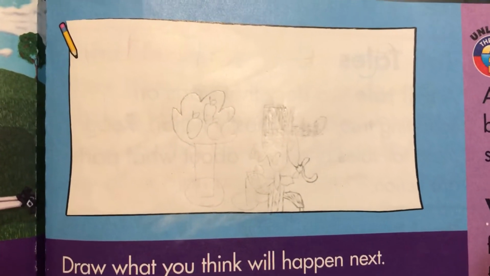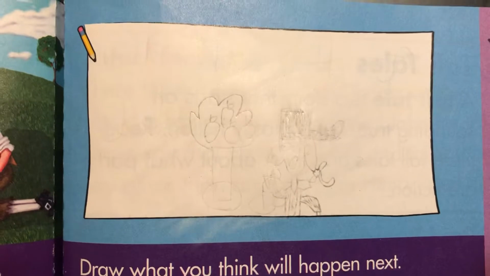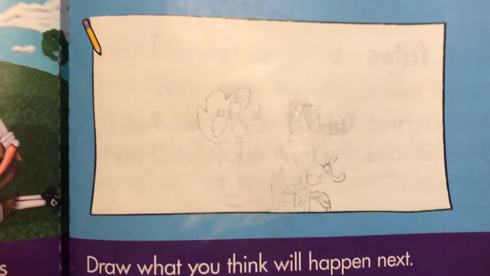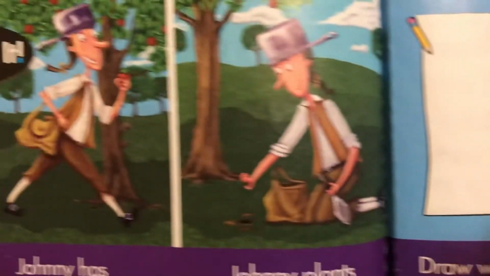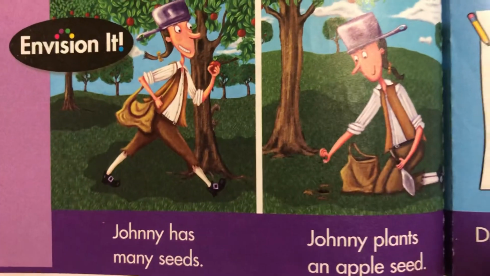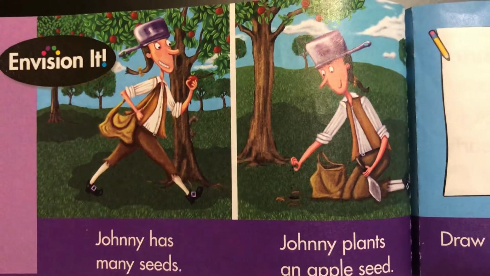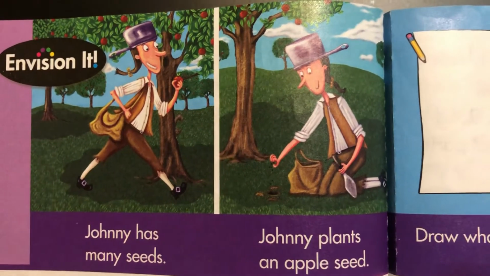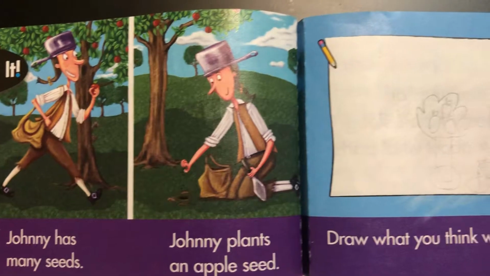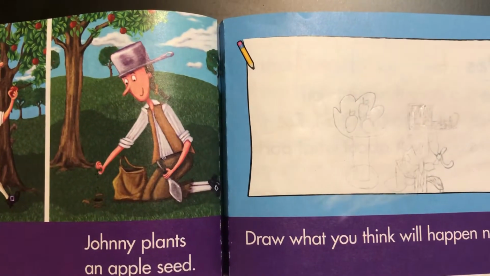There you can see this is an old book of a student who tried drawing something there. But you're going to make a picture. What do you think will happen next? So this is part of a few skills actually. It's sequencing because they show the first 2 parts and you have to make a picture for what you think will be next.